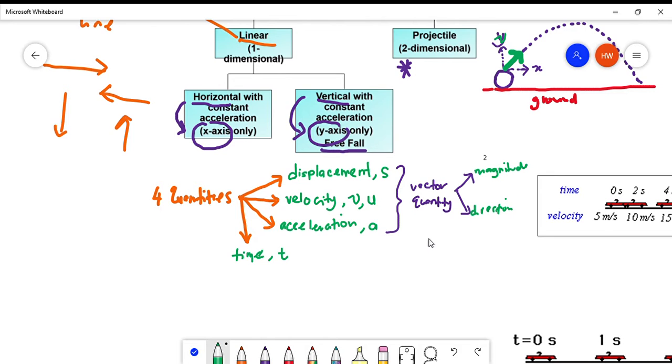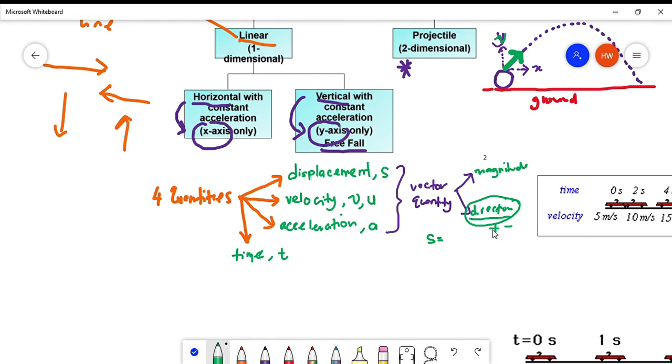Let's say I'm describing s. Whenever we write down s, we have to make sure that we write down the direction. Direction is written as either positive or negative depending on the direction.